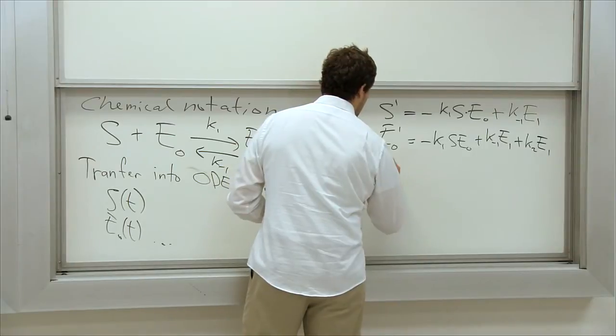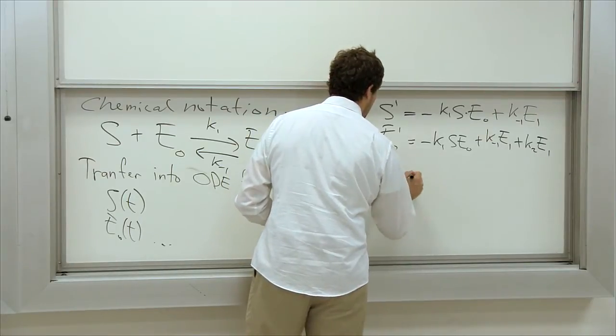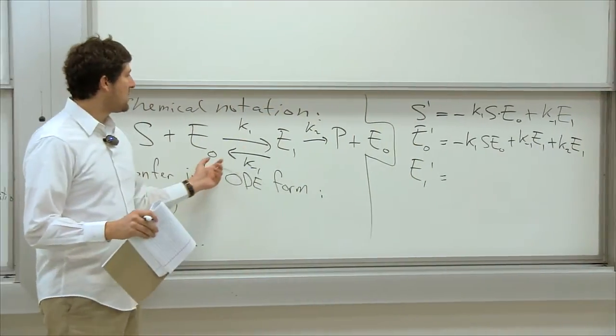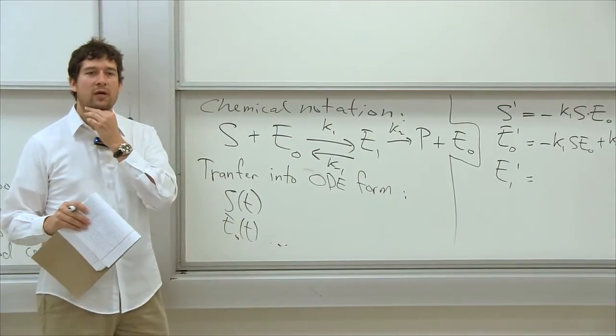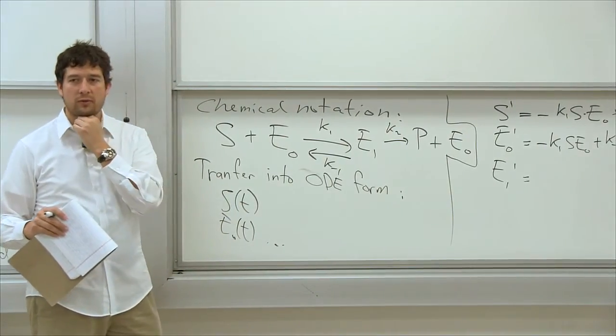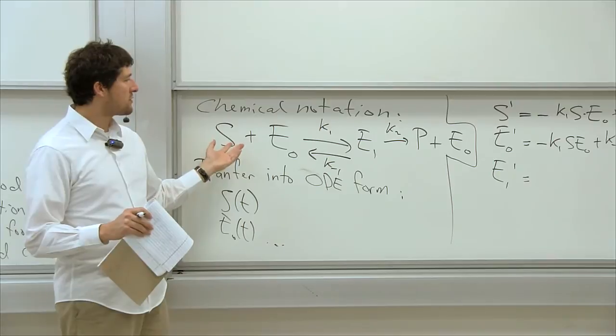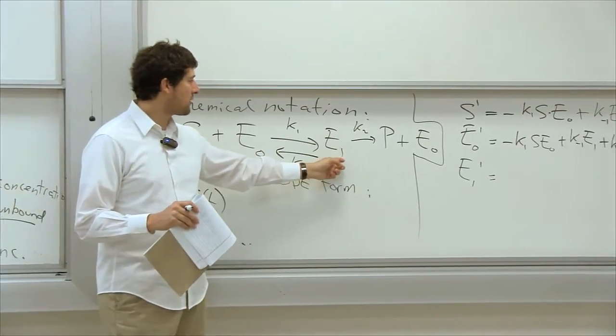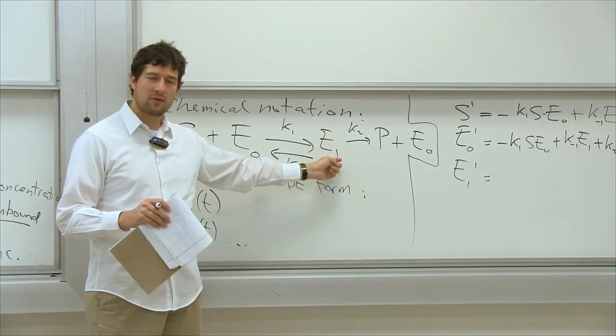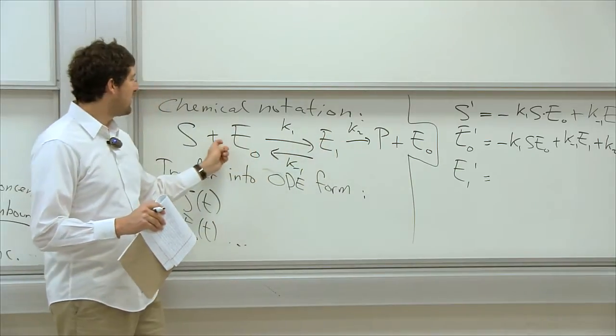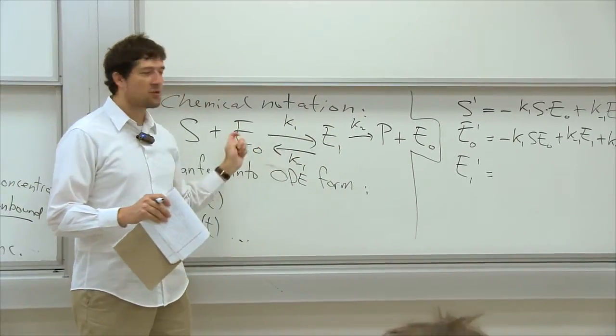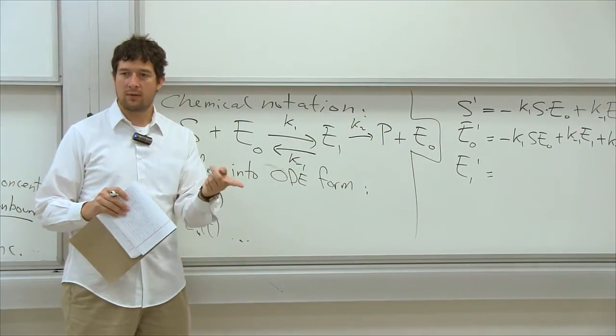All right, let me go a little faster on this one. E1 prime, that's the bound receptor. So what reactions involve this molecule? All of them, right? Let's talk about the first reaction. The first reaction makes E1 go up or down?